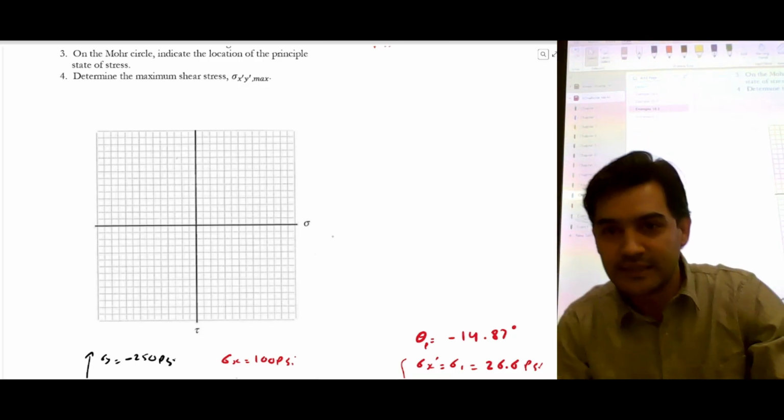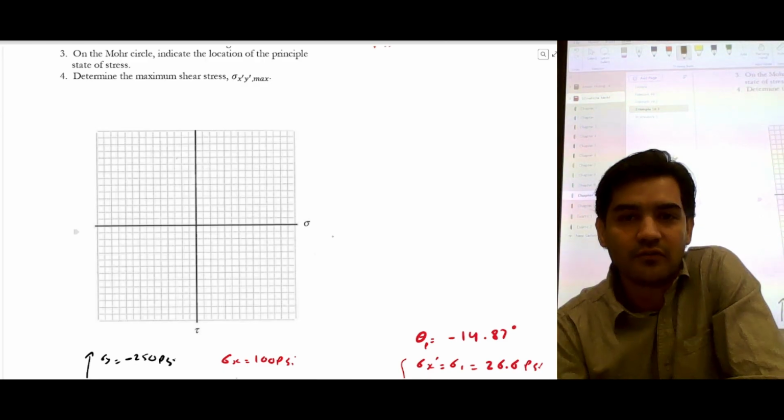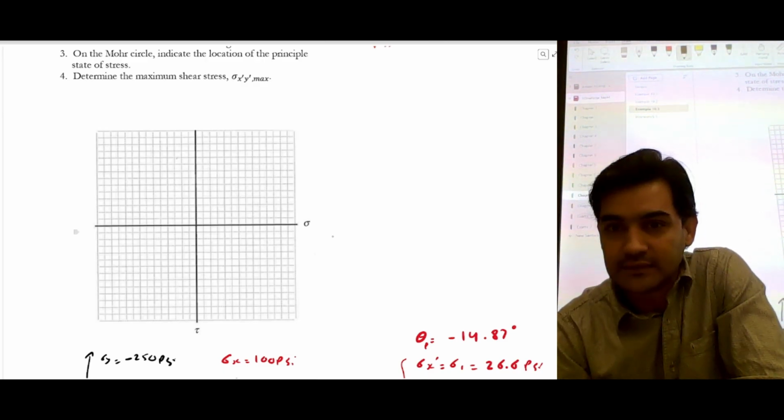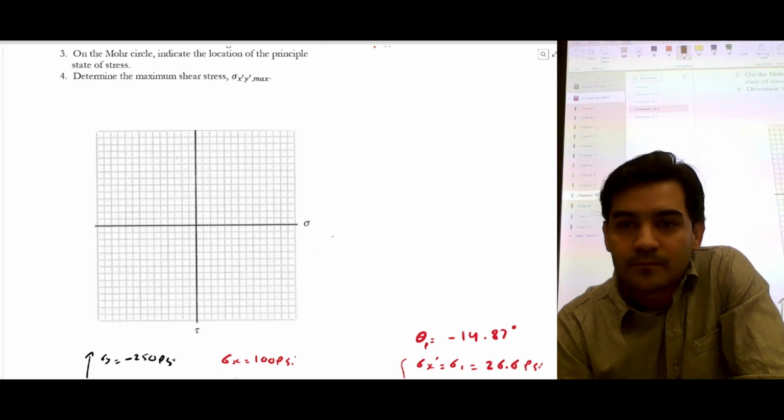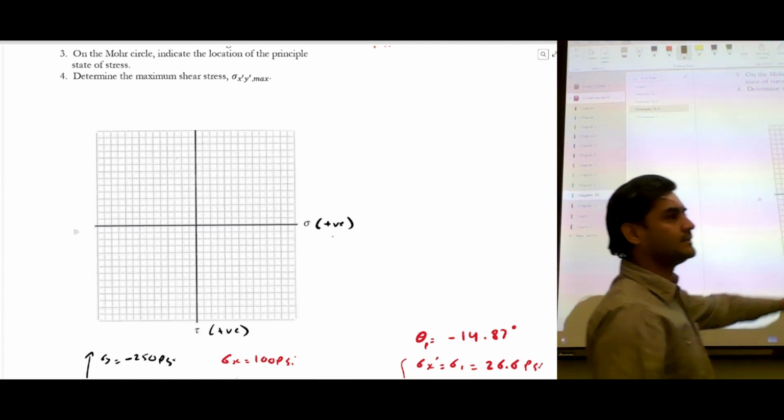So what it means is that we have to draw an x-axis and y-axis. We have already had this x-axis and y-axis, with positive to the right and positive to the downward. That's the convention.